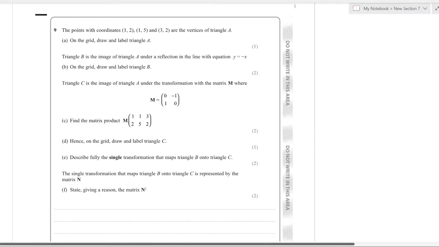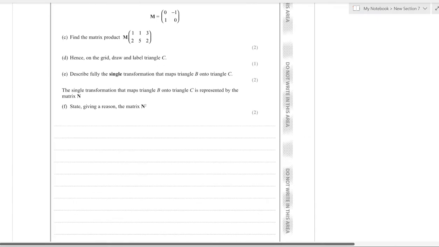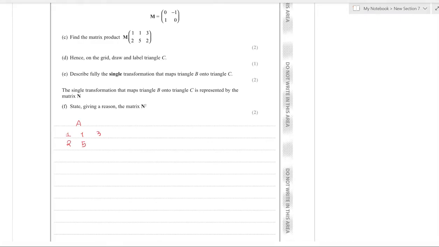Moving to part B. Triangle B is the image of triangle A under reflection in the line y equals minus x on the grid. Draw and label triangle B. So reflection of triangle A under the line y equals minus x indicates that the coordinates of B will be inverted and negative to the coordinates of A, which were (1, 2), (1, 5), (3, 2).